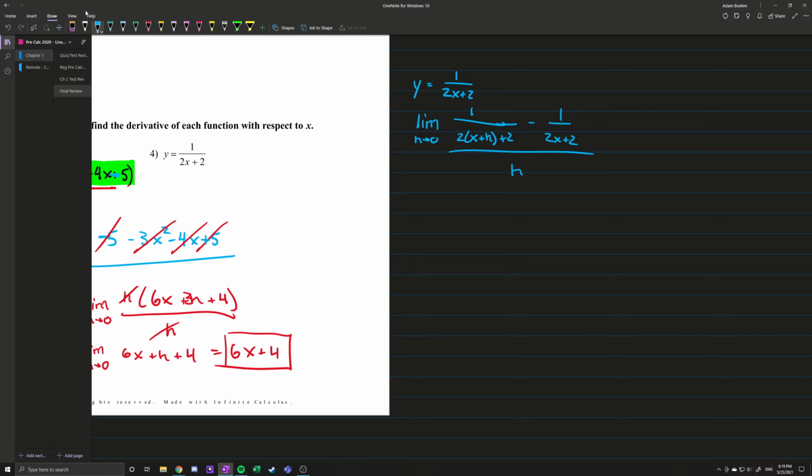We need to combine the two things in the numerator together. So I'm going to simplify this a little bit. This is going to be equal to the limit as h approaches 0 of 1 over 2x plus 2h plus 2 minus 1 over 2x plus 2 all over h.